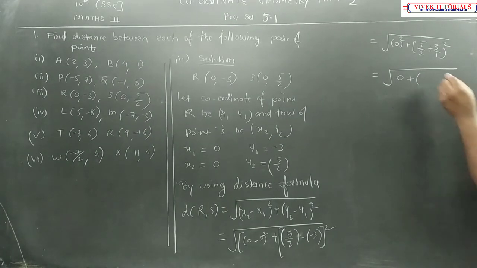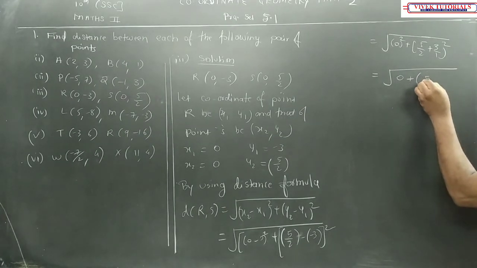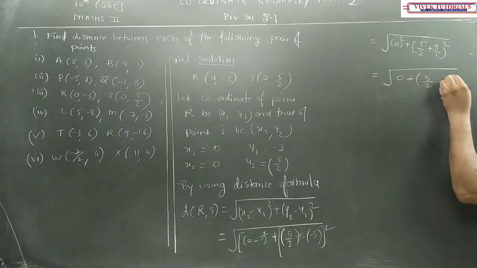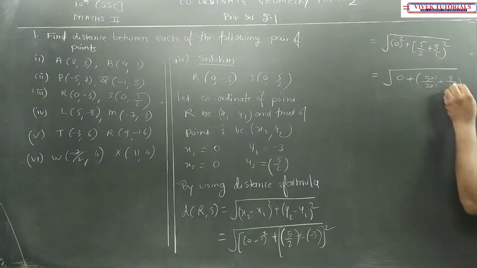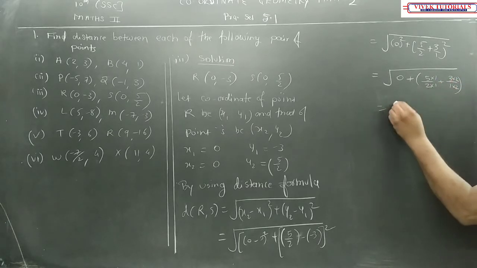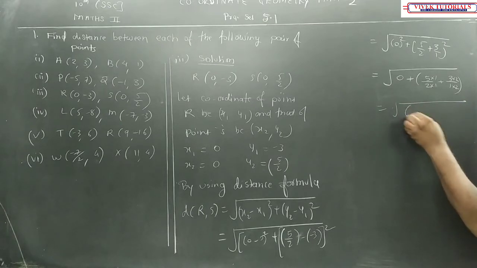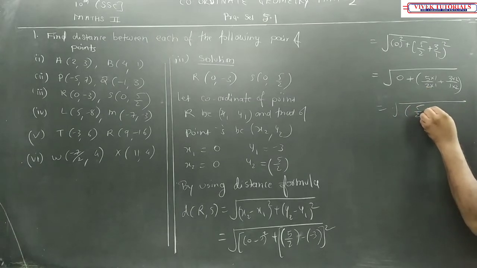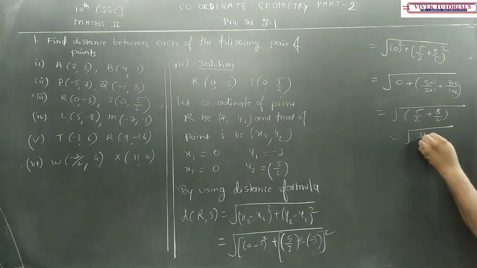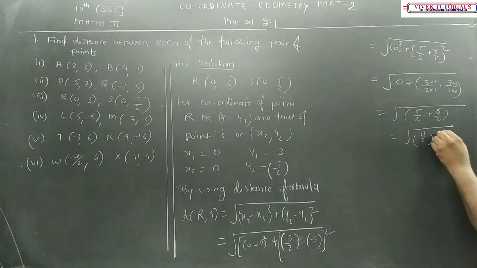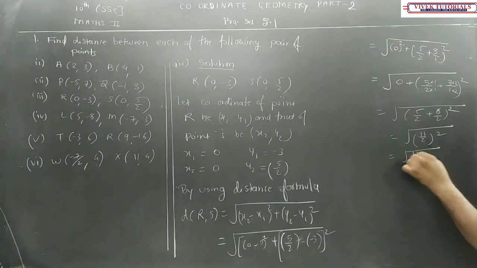So what you are getting is 5/2 plus 3/1. So you are going to cross multiply it. Forget about the 0. What you will get? 5/2 plus 6/2. That is equal to 11/2 the whole square. So what you are getting is 121/4.